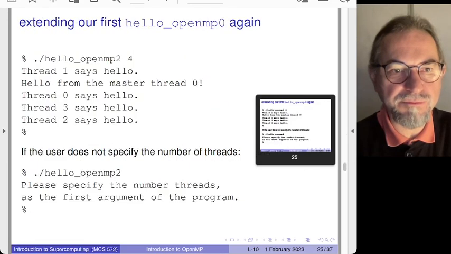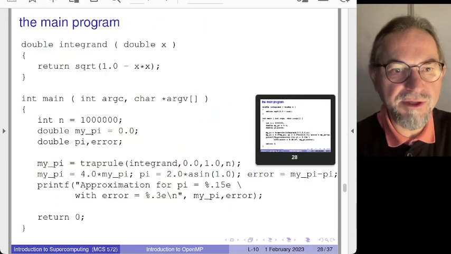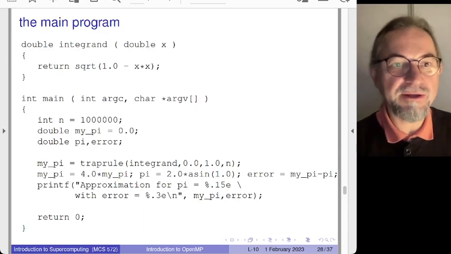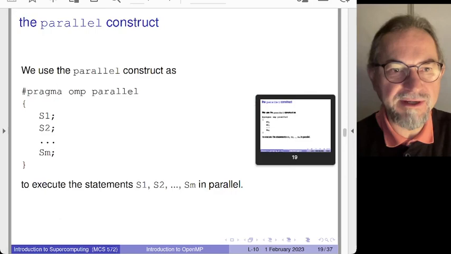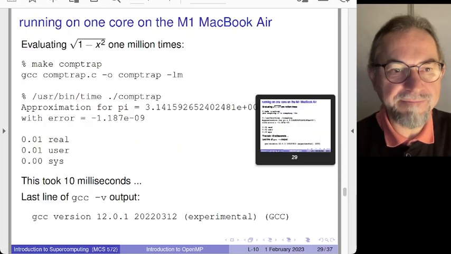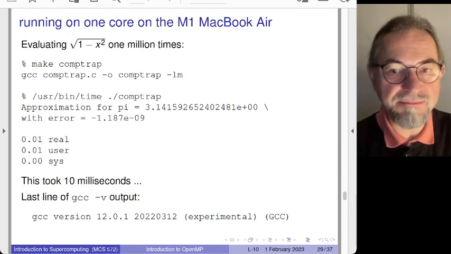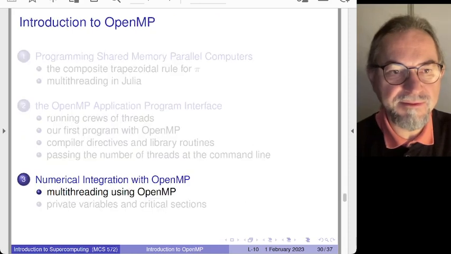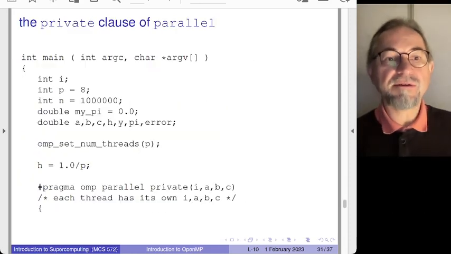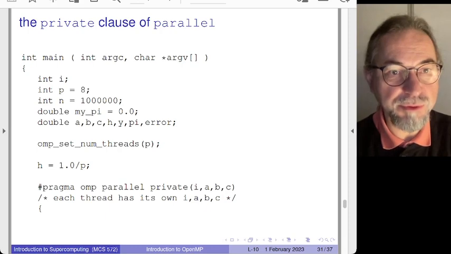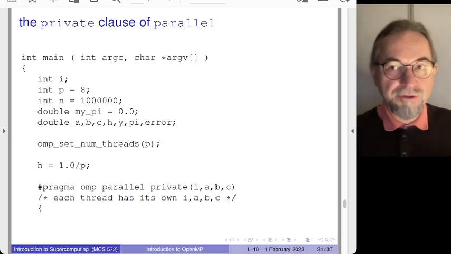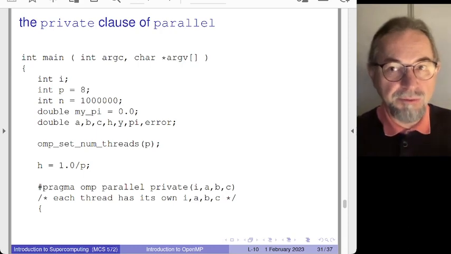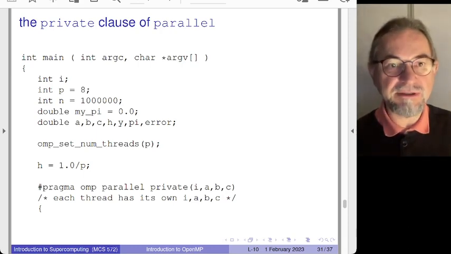So fast forward again. I have my C program that took 10 milliseconds. Now I have the start of the program. In some sense, I will not work with that function, but I will put the function inside the main program.